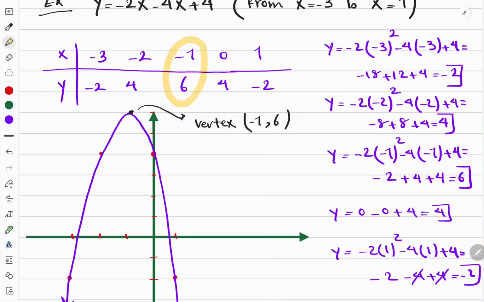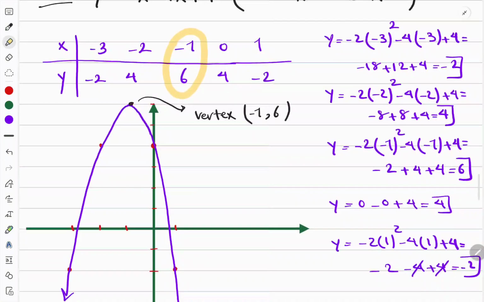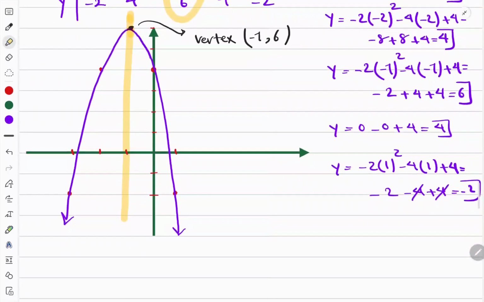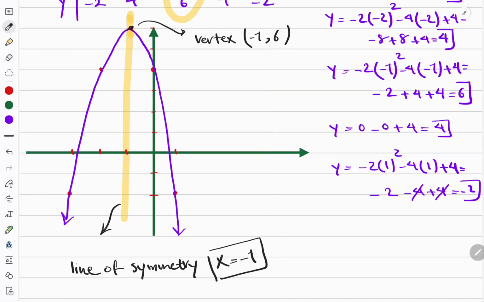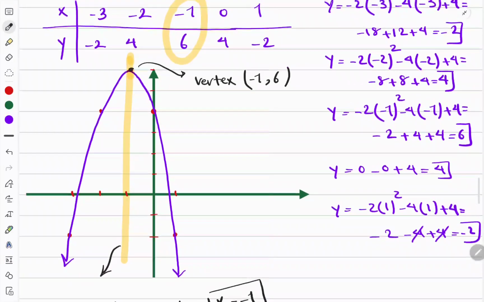And I'm going to draw a line of symmetry, which is x equals -1, the equation of that.